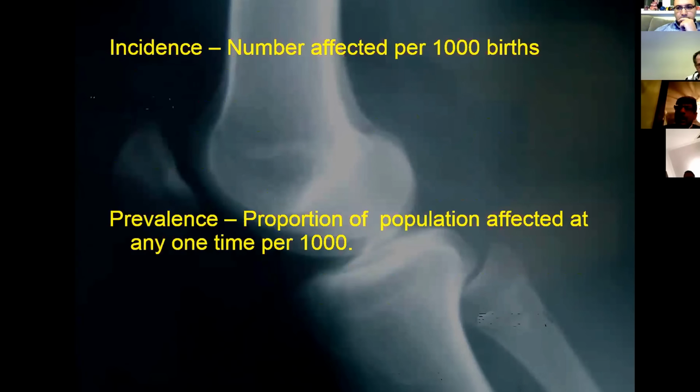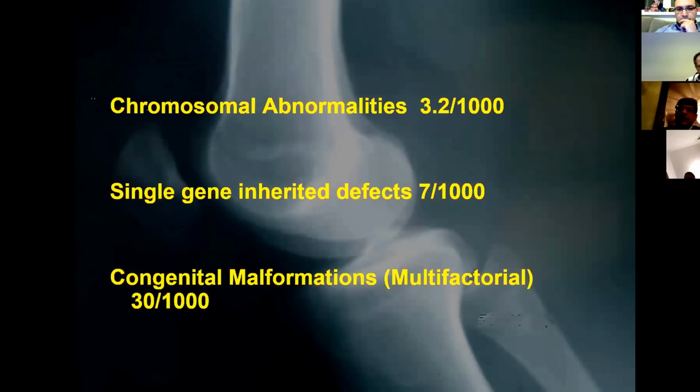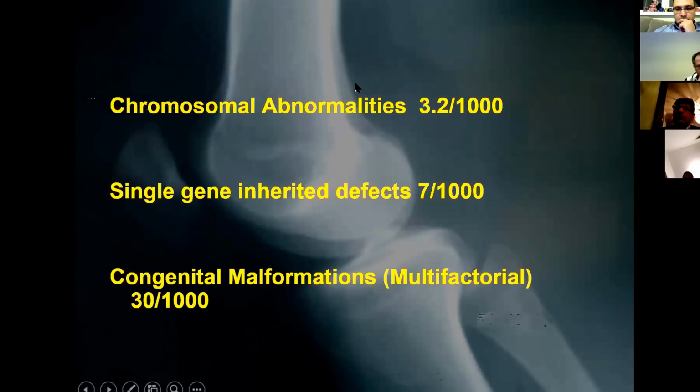So this slide is such that all problems of genetics are classified into, first, chromosomal abnormalities. And that is the rarest, 3.2 per 1,000. These are abnormalities of the chromosome. So bang, something's happened and there's abnormality of the chromosome.